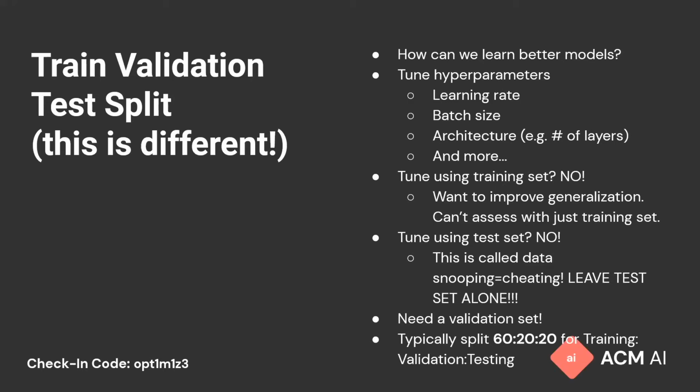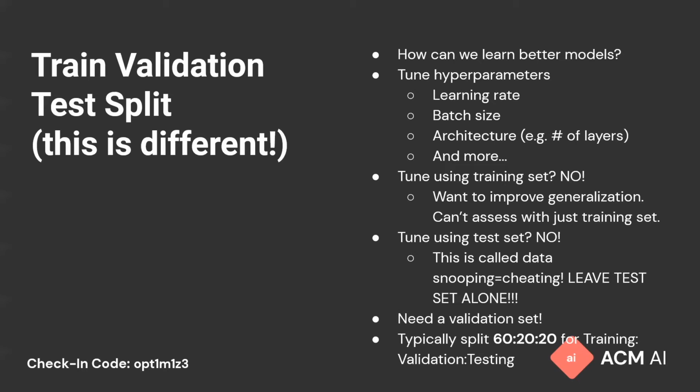But should we use our test set to tune our hyperparameters? That seems like a better option, because the whole reason why we have a test set is so that we can assess generalization, right? And the answer is also no. You can think of your test set as a quiz you're taking in class.